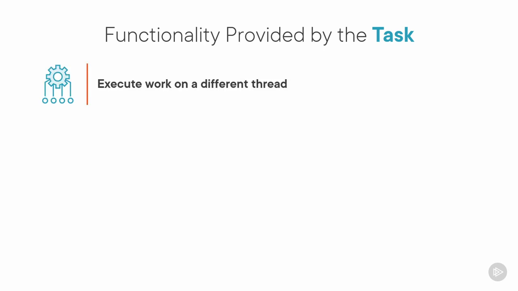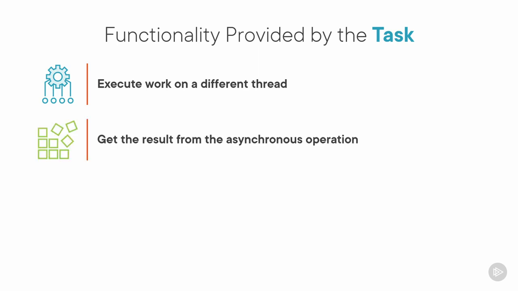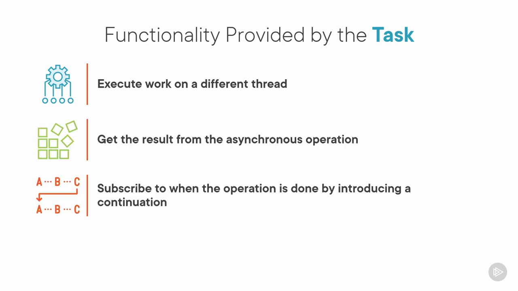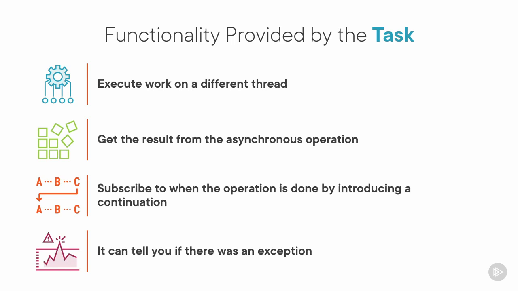You can schedule work to be executed on a different thread. It provides a way to get the result from that asynchronous operation. You can subscribe to when an operation is done by introducing a continuation. It can even tell you if there was an exception. There's much more to the task than this, but we'll get to that later.